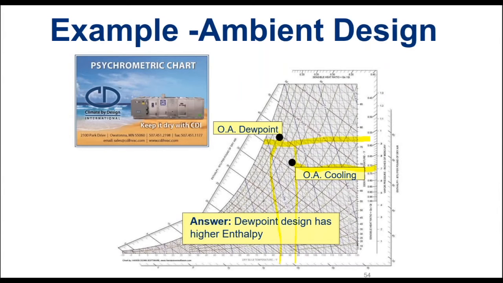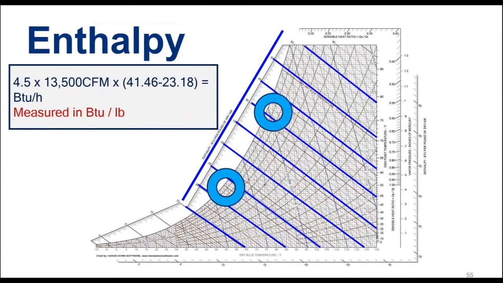We want to understand which condition is going to require more energy, which is the safer condition to design to for a dehumidification application. And if we now look at the enthalpy of those two conditions, we're going to see that the higher moisture condition has a higher enthalpy.